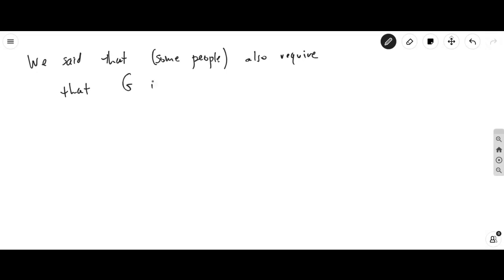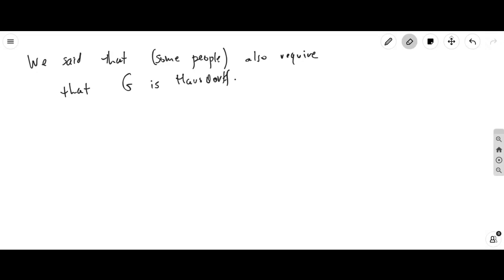Now, I want to just get to this issue. This is some bizarre stuff. So we said that some people, I do not think it will matter for what we do, but some people also require that G is Hausdorff, which at first seems a little bit bizarre because G is a union of edges and every edge individually is Hausdorff.